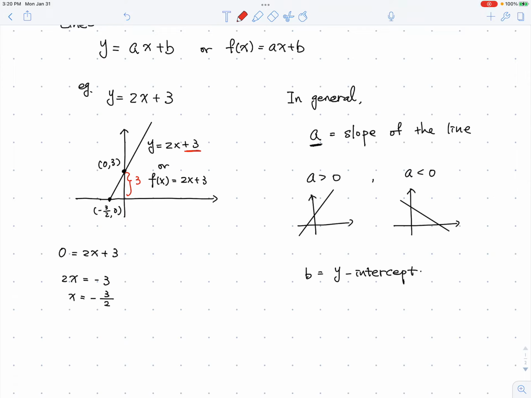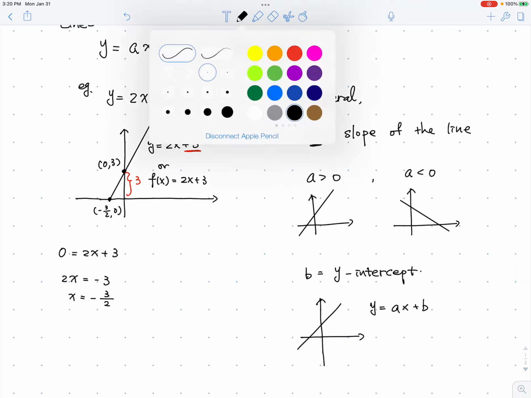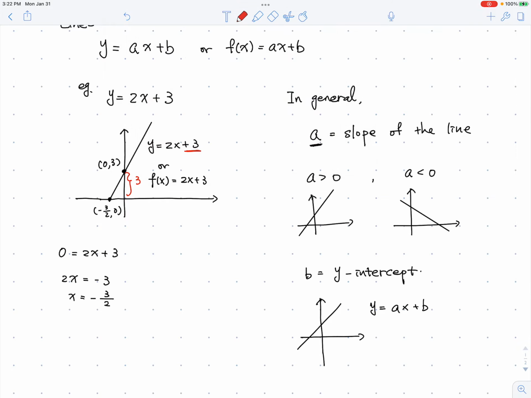So when I have y equal to ax plus b, you must have a point (0, b) on the line, and this distance here is the y-intercept.